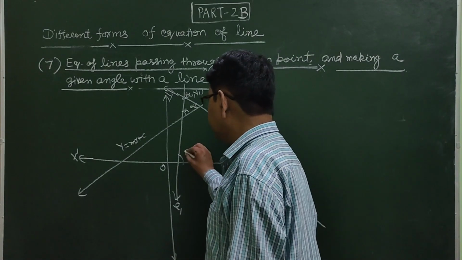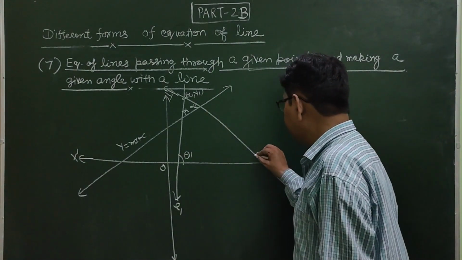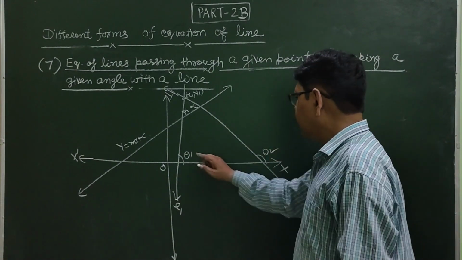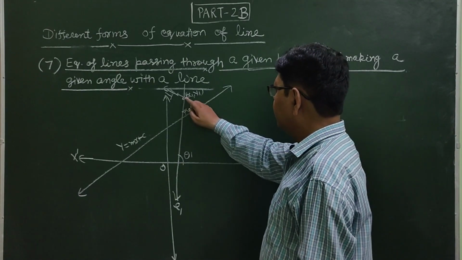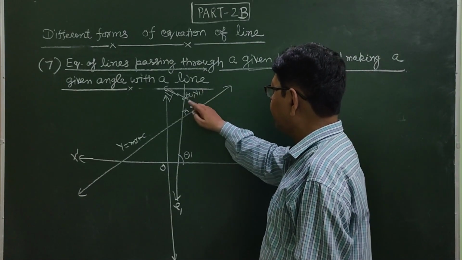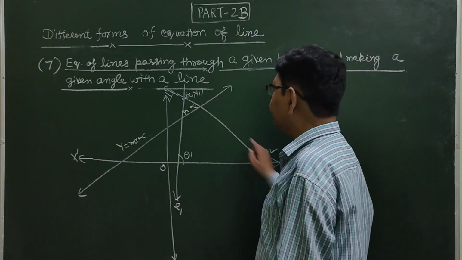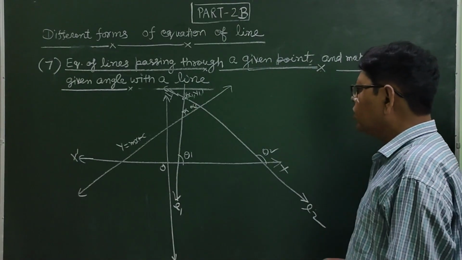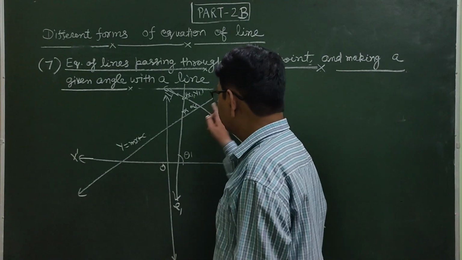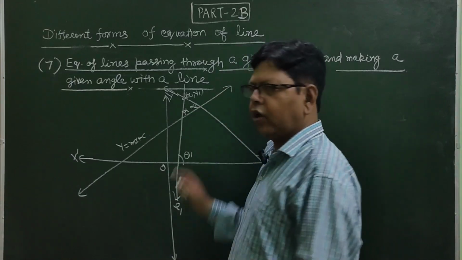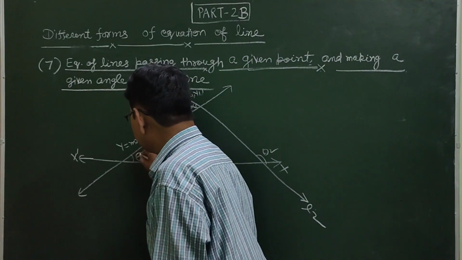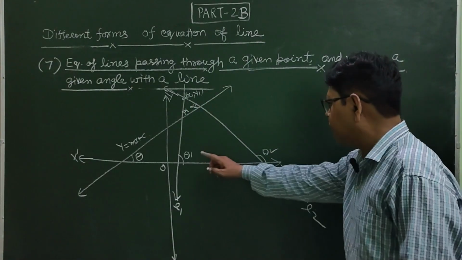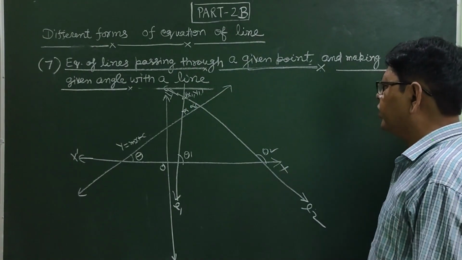Let this angle be theta 1 here and this angle be theta 2. If we find the slope, then we have this point x1 comma y1 through which these two lines pass. The first line, with which these two lines make equal angles, makes angle theta with x-axis, and these lines are making theta 1 and theta 2 angles.